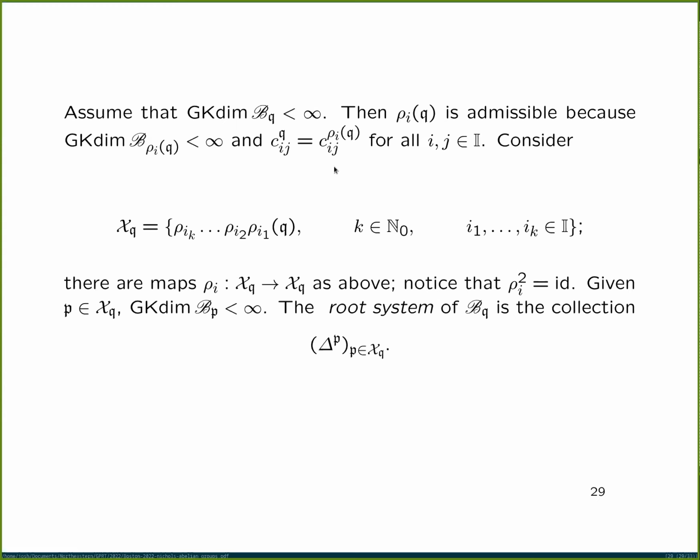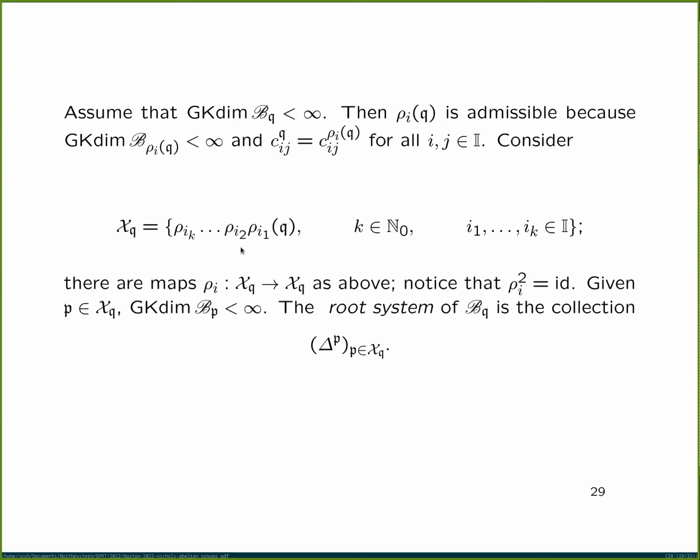Now, an important character enters into the picture: the set X_Q. You start with a matrix Q, and you apply rho_i1, rho_i2, as many times as you want, and the set of all these matrices, rho_i1 of Q, rho_i2 of Q, until rho_ik of Q for any k or for any family, this set is called X_Q. So X_Q is a set of matrices.